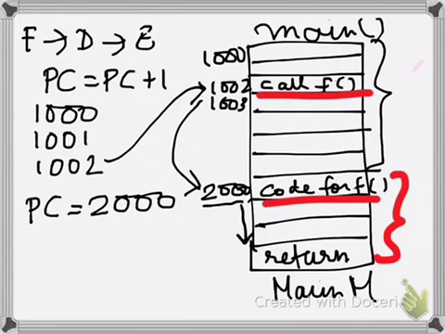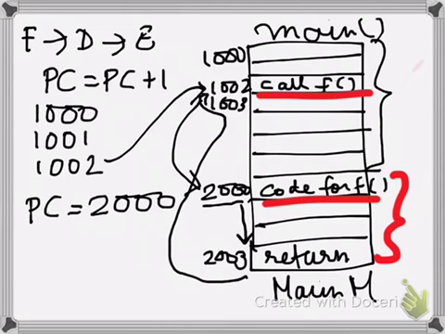Finally, at address 2003 there is a return instruction. A return instruction means I have to go back to the point from where I had been called. So I have to go back to 1002.